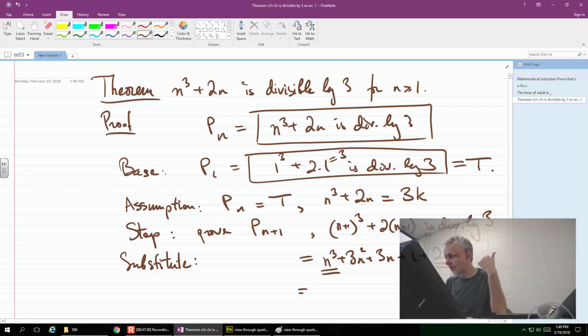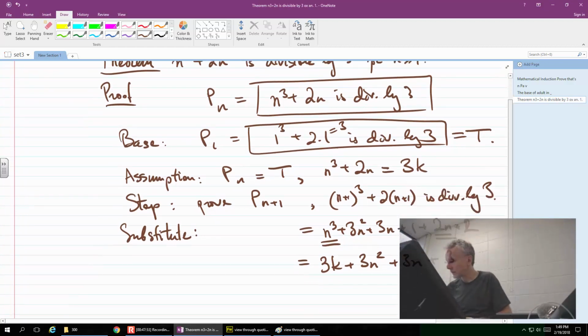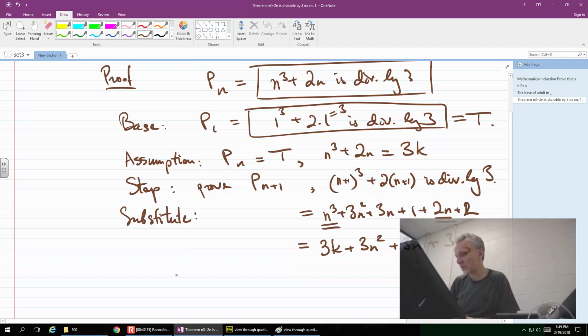So I replace it with 3k. 3k plus 3n squared plus 3n. Hold on, why is it not working out? Plus 3, because you have 2n plus 2, thank you. Plus 3. Okay? Which is divisible by 3.